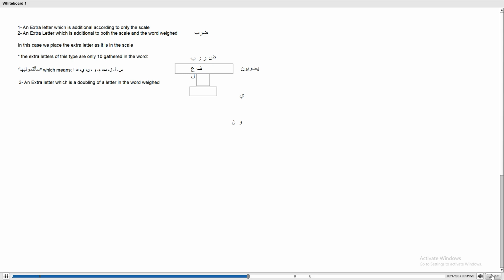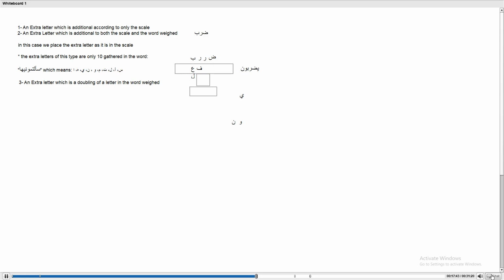Now this ra is a doubling of the first ra, correct? This doubled letter is considered an extra letter in the word Wade.